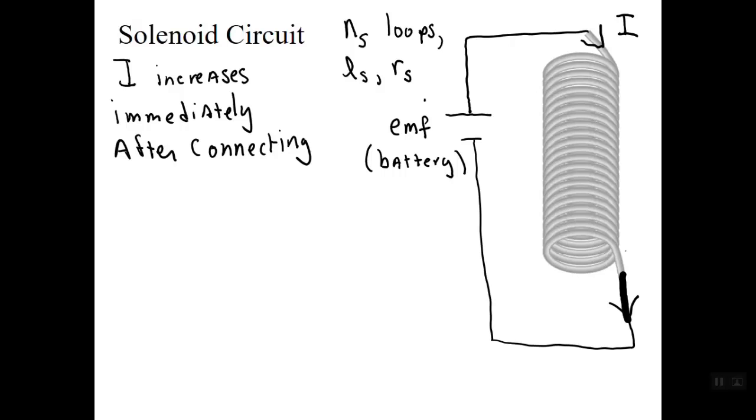For a non-zero current, we know that there is a magnetic field inside the solenoid, and this is the magnitude of that magnetic field, as we discussed in an earlier lecture. The direction of the magnetic field is along the axis of the solenoid, and for this situation, the right-hand rule for currents in a wire tells us that the magnetic field inside the solenoid must point upward.